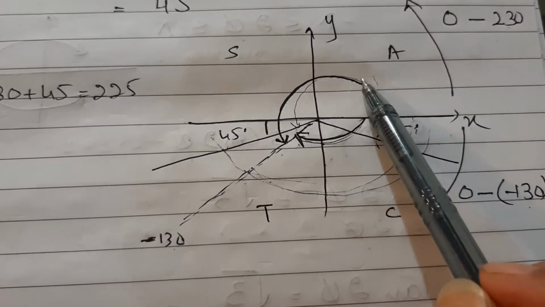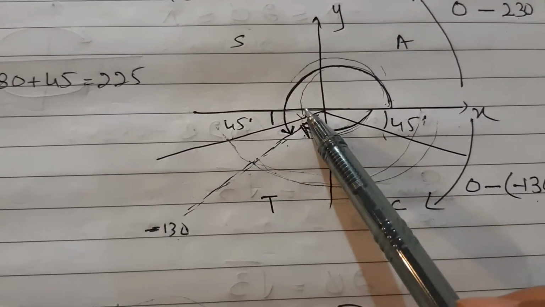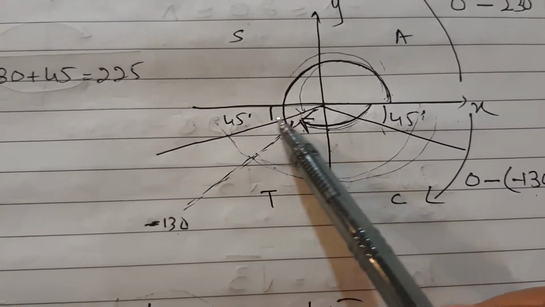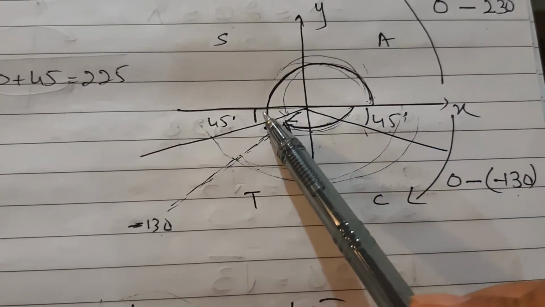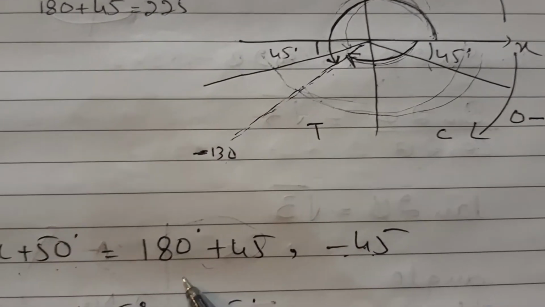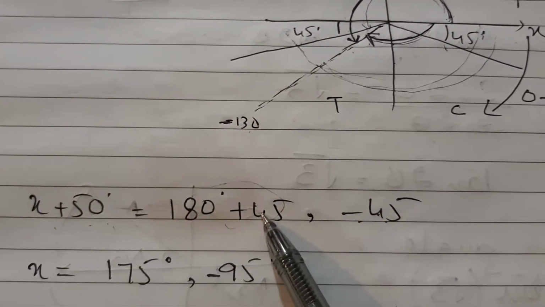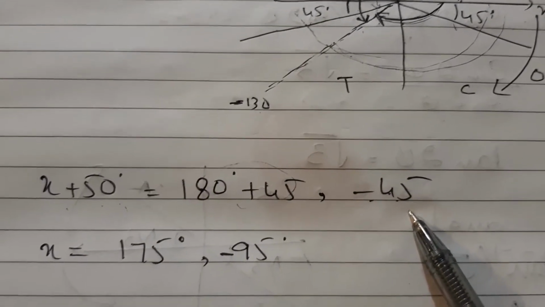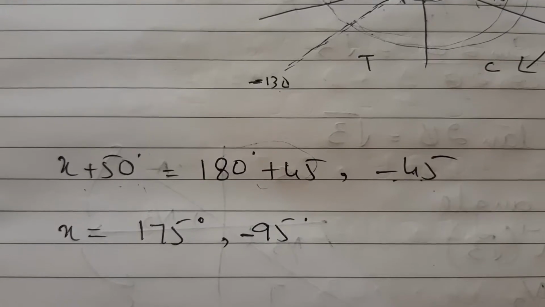I will go all the way from here till here, and on the way I will meet the basic angle. From here till here, it is 180 plus 45. So this is my other angle. So x plus 50 equals this and this. After simplifying, I got these two answers. I hope it is clear.